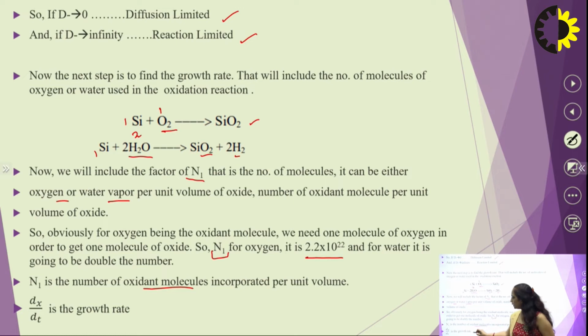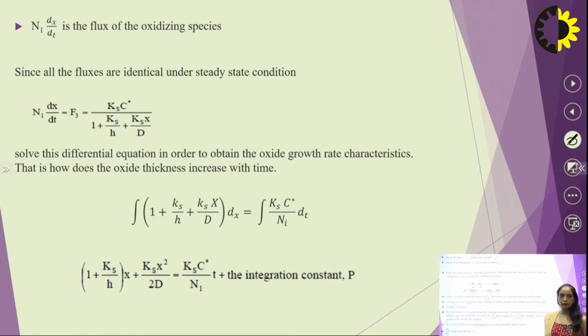dx by dt will define the growth rate. So we can write N1 dx by dt as the flux of oxidizing species. Because we know that under steady state condition, all flux values are equal, F1 is equal to F2 is equal to F3.